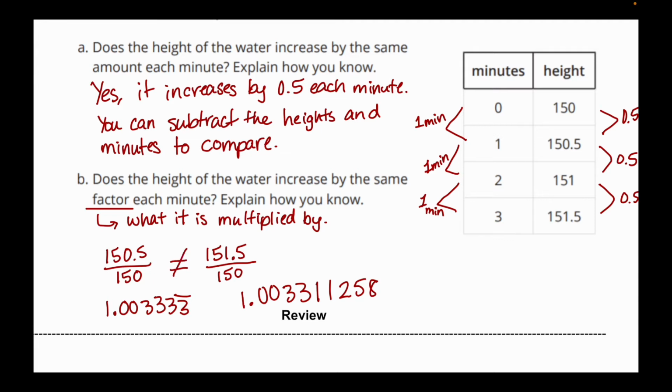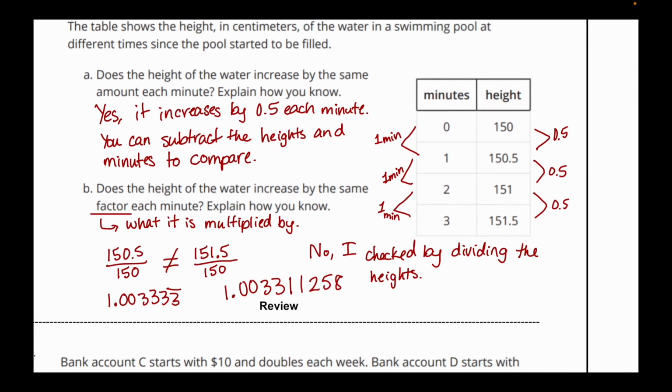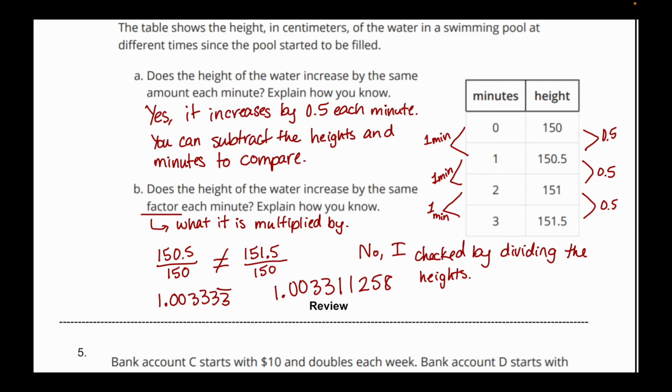So no, I checked by dividing the heights. Now, if you checked by the minutes, we're still just looking at how that's changing and doing subtraction with those, since it's the input, but the height, our output, is what we would be checking to see if it was being multiplied or divided each time.